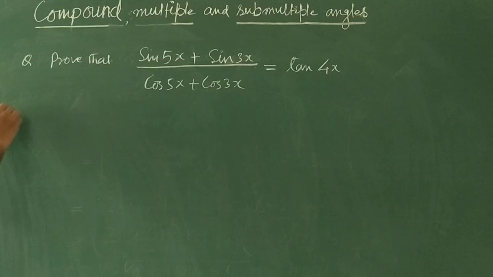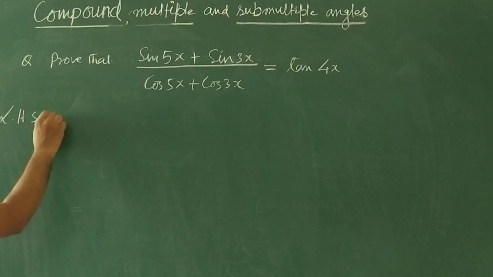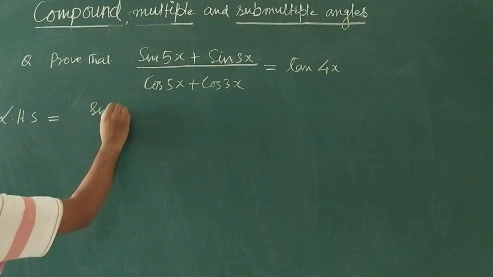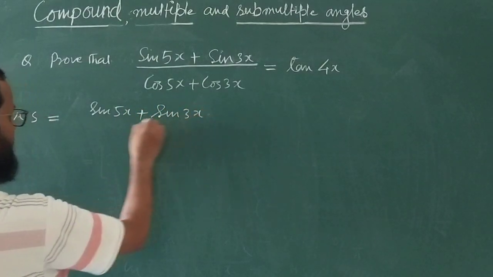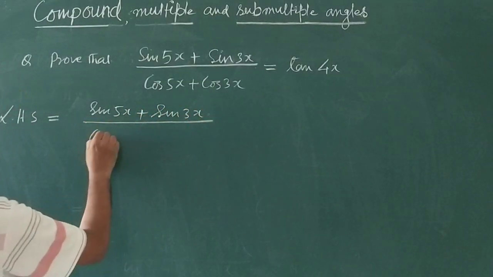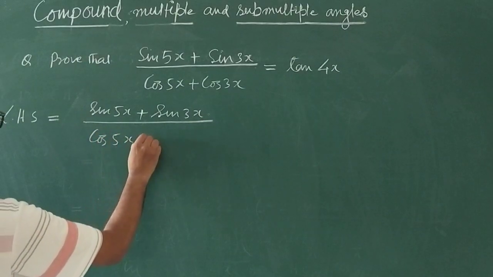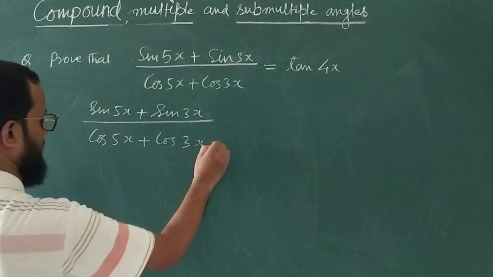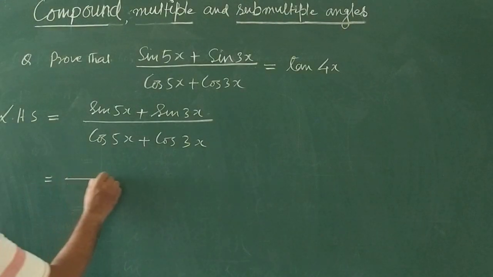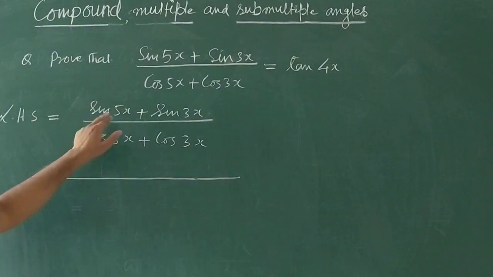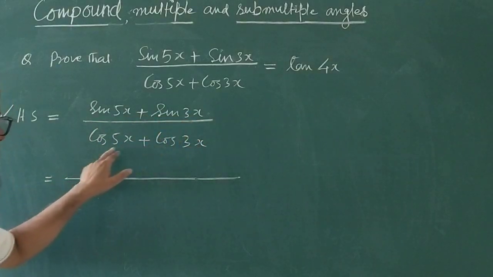Okay, so let us take the left hand side, sin 5x plus sin 3x by cos 5x plus cos 3x. Here two formulas we are going to use. One formula is sin c plus sin d, another is cos c plus cos d.